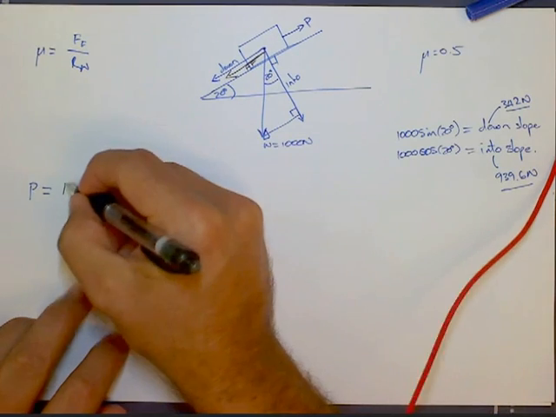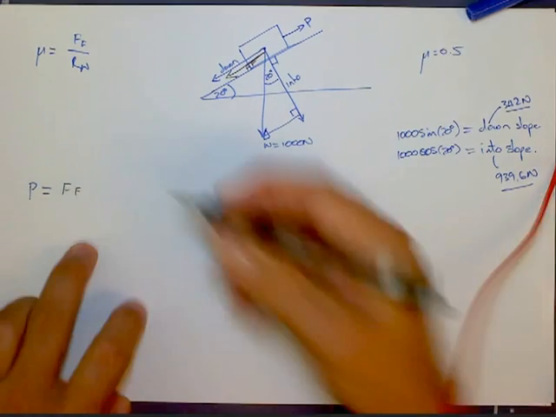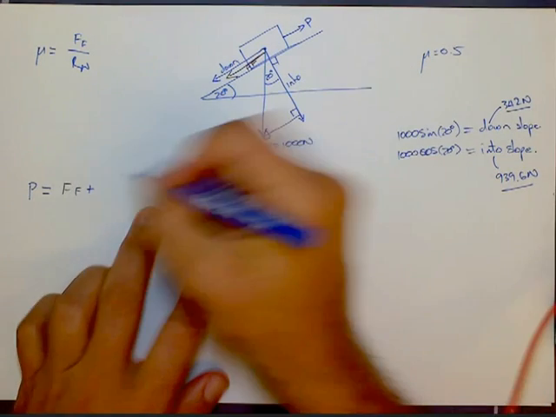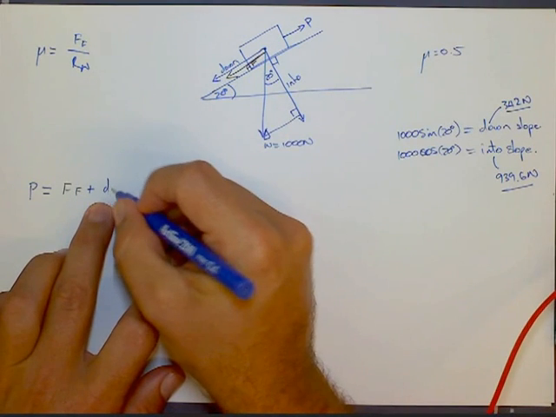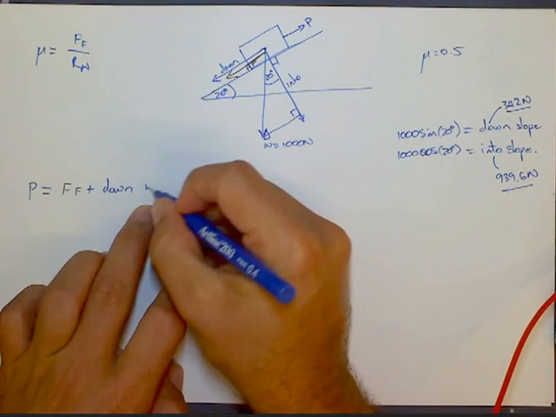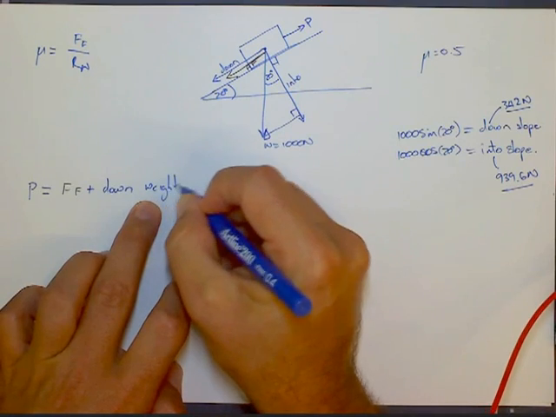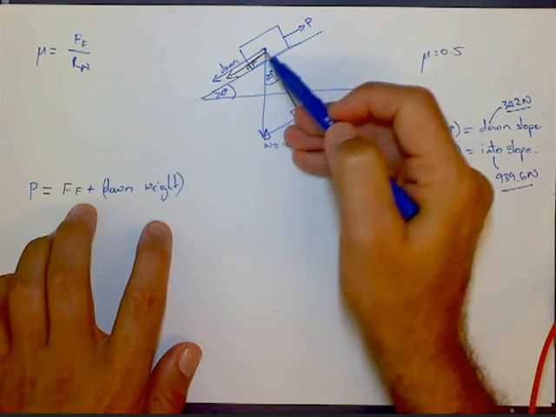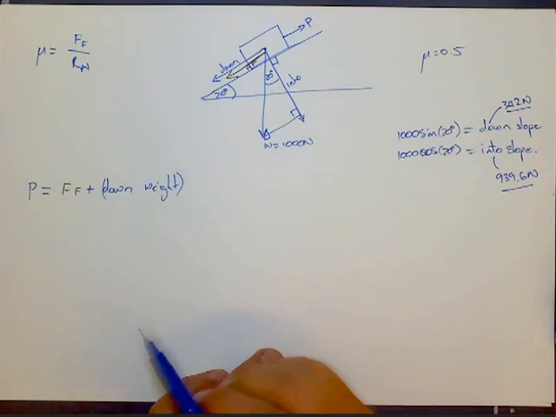So to move the box up the slope, we need to overcome some friction, plus we need to overcome the amount of weight going down. I'm going to call it the down weight. So we need to overcome the frictional force and the amount of weight going down the slope.